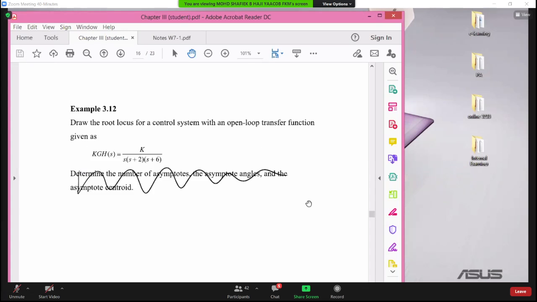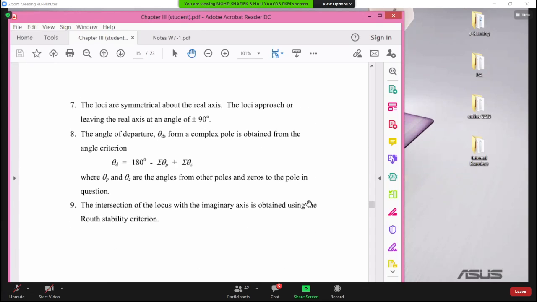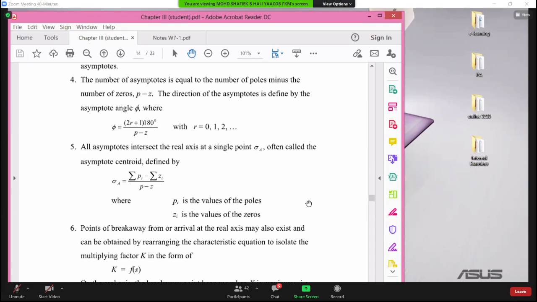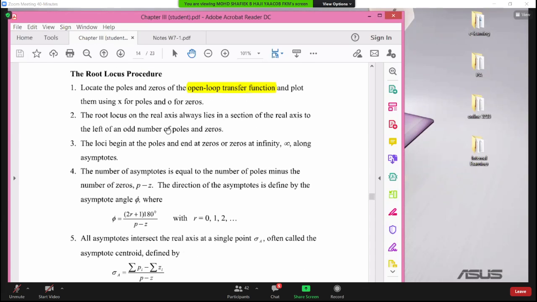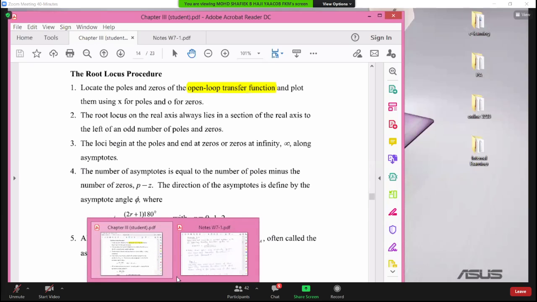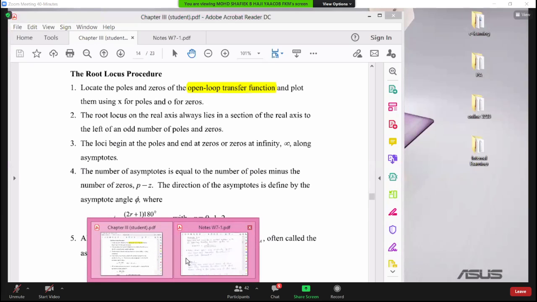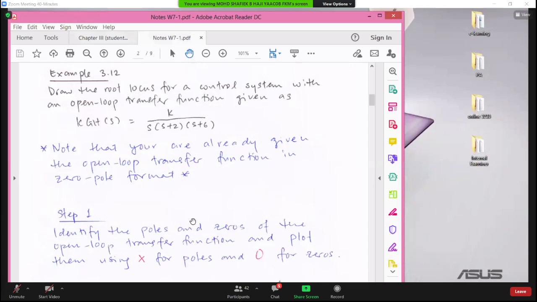So we need to go back to our guideline. We need to go one by one. There's no way around this. Maybe step 1, 2, 3, 4, 5, 6, 7, 8, 9. But since we have gone through that once, it's going to be a little bit easier this time around. Okay, so example 3.12.